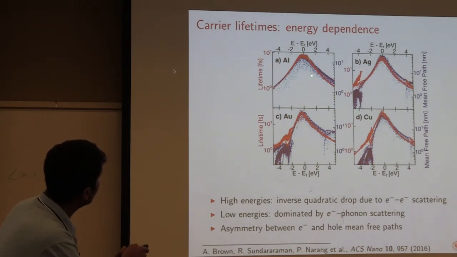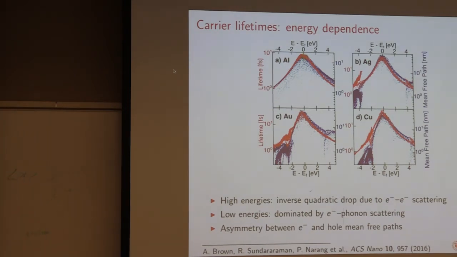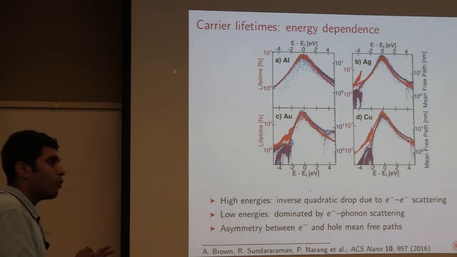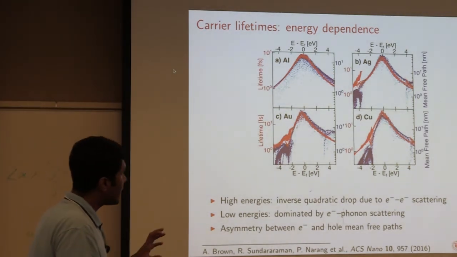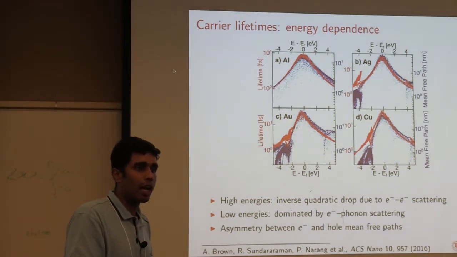So what you find here is the highest lifetime and mean free path is always at 0, which means carriers at the Fermi energy. And here it's predominantly due to electron-phonon scattering. As you go away from the Fermi level, the electron-phonon scattering contribution remains roughly constant, but you have a new mechanism, which is electron-electron scattering.